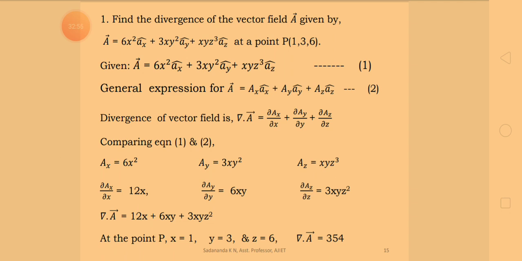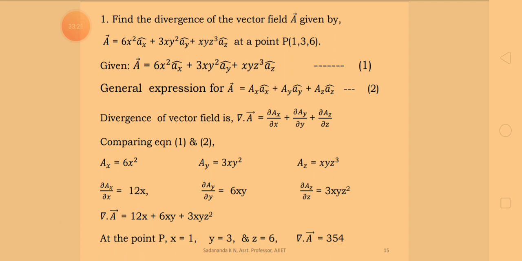Just substitute these components, Ax, Ay and Az, in the divergence expression, so that you will get dou by dou x of Ax, that is 6x square. The derivative of that is 12x. Similarly, dou by dou y of 3xy square, with respect to y, is 6xy.